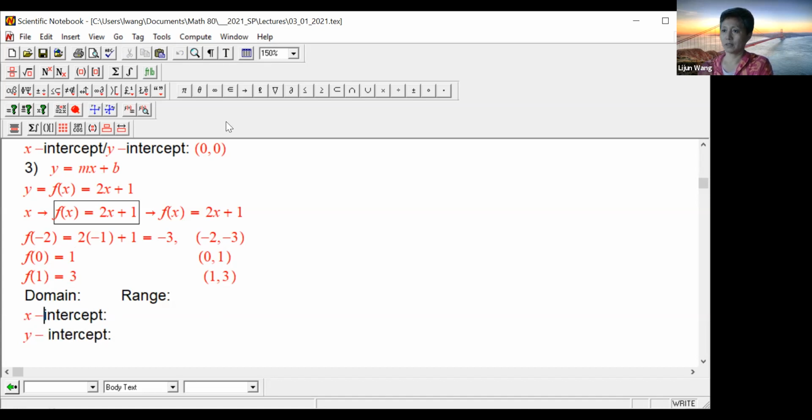X-intercept, Y-intercept. What is the domain? What is the range? And what is the graph?